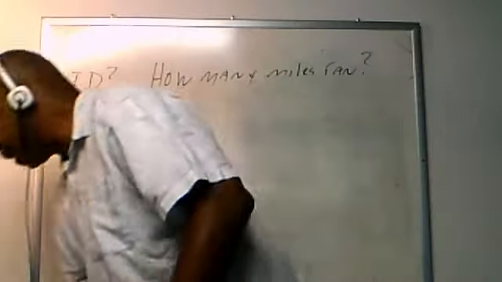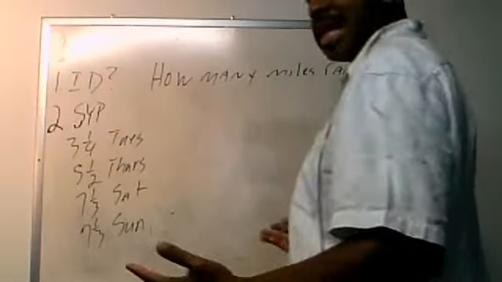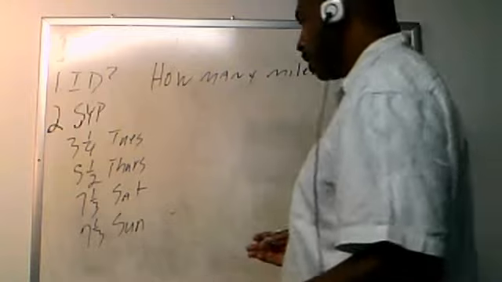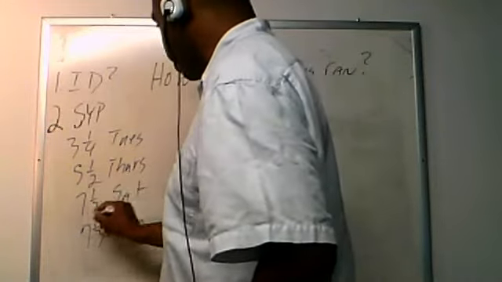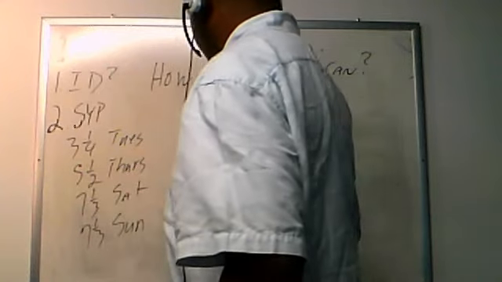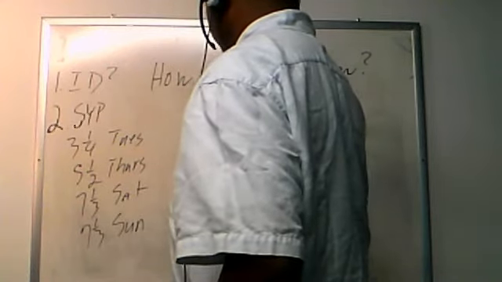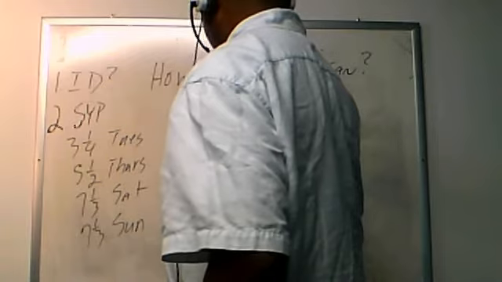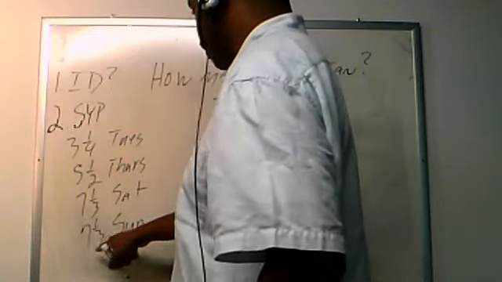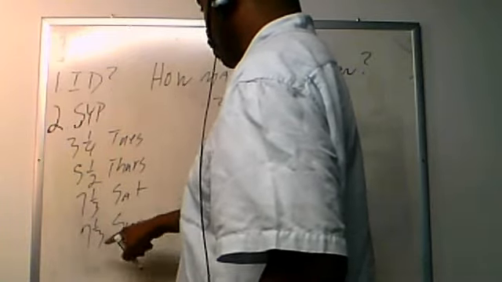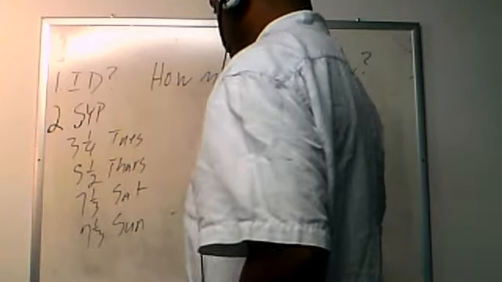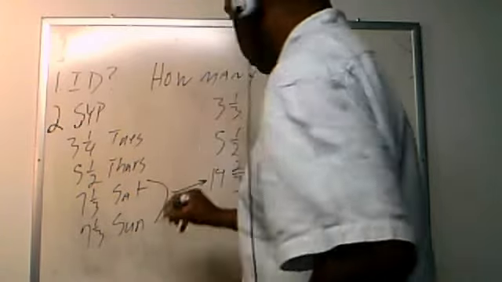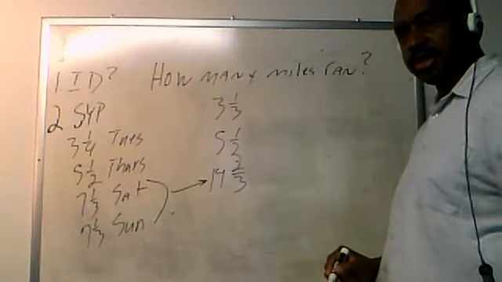So now again, all we're doing is adding the fractions. These two we can just add together because they already have the same denominator. So 3 3/4 plus 5 1/2, and then 7 plus 7 is 14, and 1/3 and 1/3 is 2/3. So 14 and 2/3 is just a way to combine those to make our addition easier.